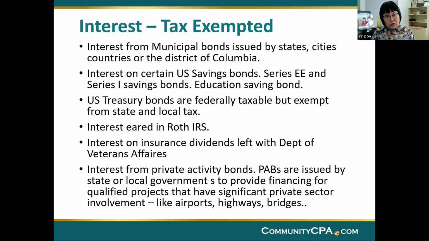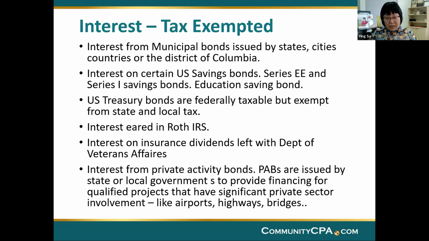The number one tax-exempt interest is actually interest from municipal bonds issued by states, cities, counties, and the District of Columbia. So remember, these are local governments. Local governments issue municipal bonds.